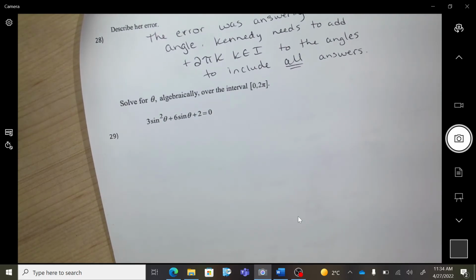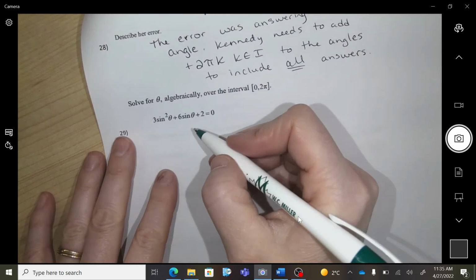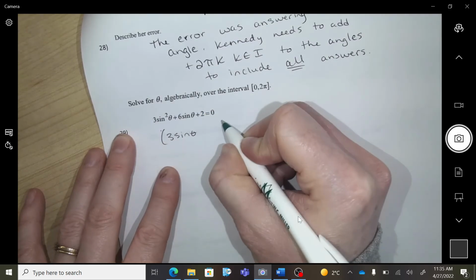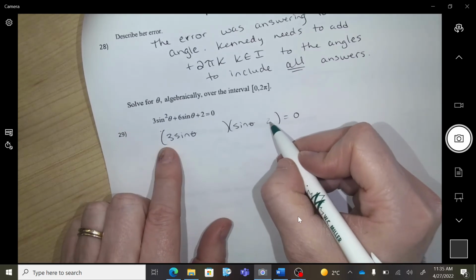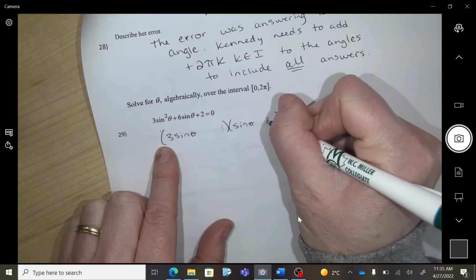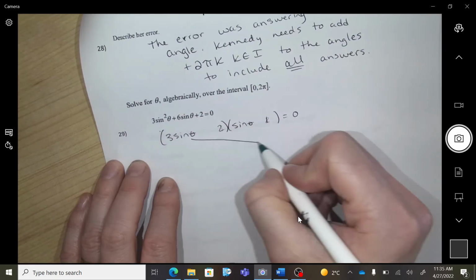Okay, solving algebraically. Let's see if this would factor. So 3 sine, 1 sine. If I put the 2 and 1, that's 6 and 1, not making a 6. 1 and 2, that does not make a 6.